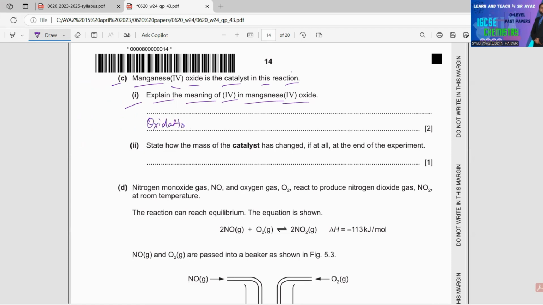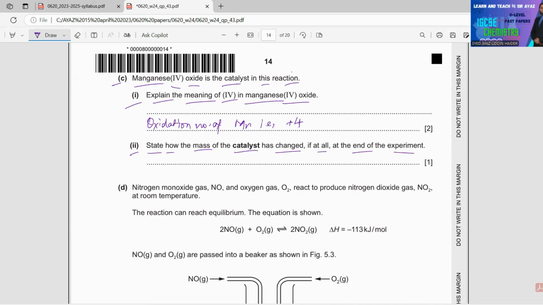Oxidation number of Mn is +4. Don't just write 4. You have to write the charge, either positive or negative. Here it's positive, +4.